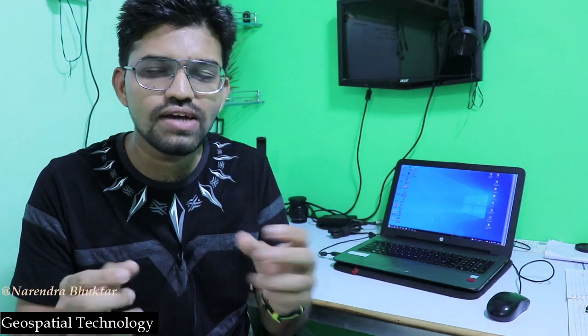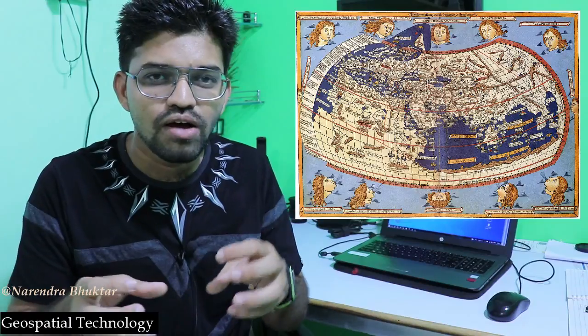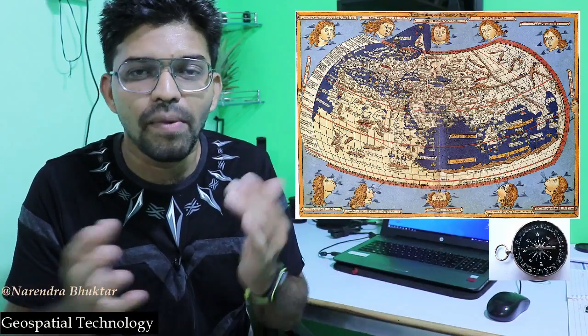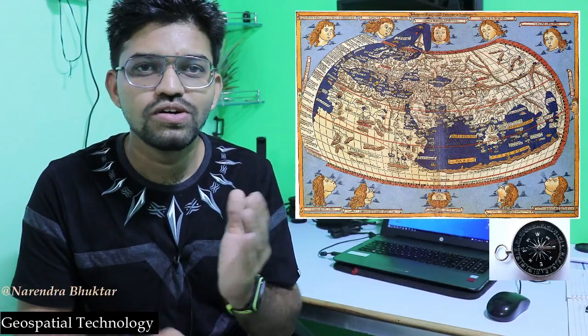Guys, in history, like during the 18th century, the seafarers, or Sinbad the sailor, used hard maps, a compass and a physical map, to navigate. But right now, thanks to Google, we are using Google Maps and we can navigate to where we want to go.